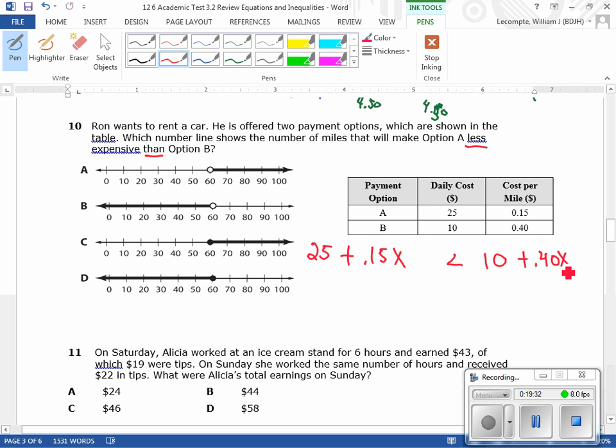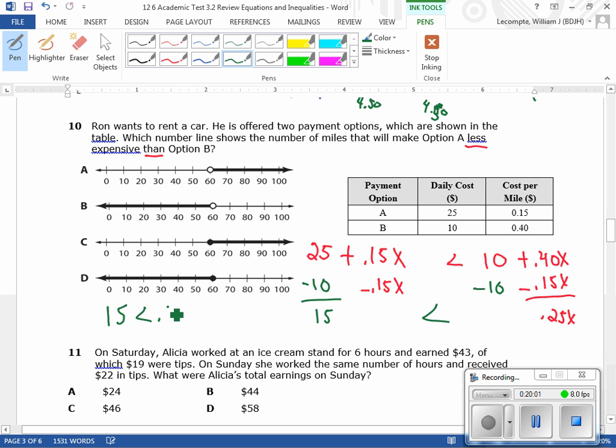So I'm going to subtract 0.15x from both sides, and I get 0.25x over here. And then I'm going to subtract the 10 from both sides, and I get 15 over here. So my equation is now 15 is less than 0.25x.